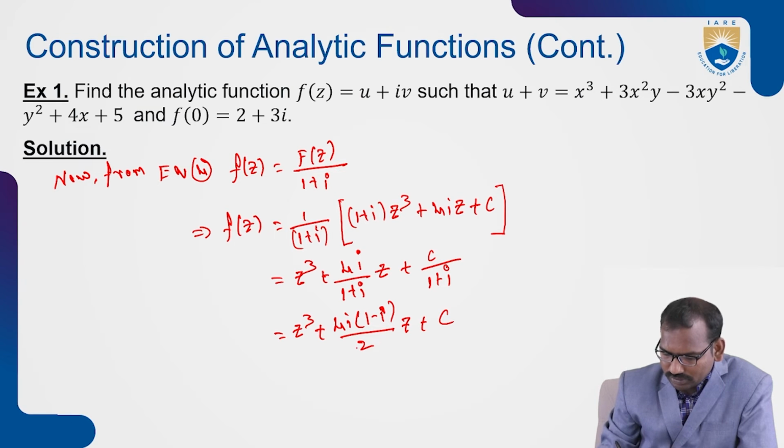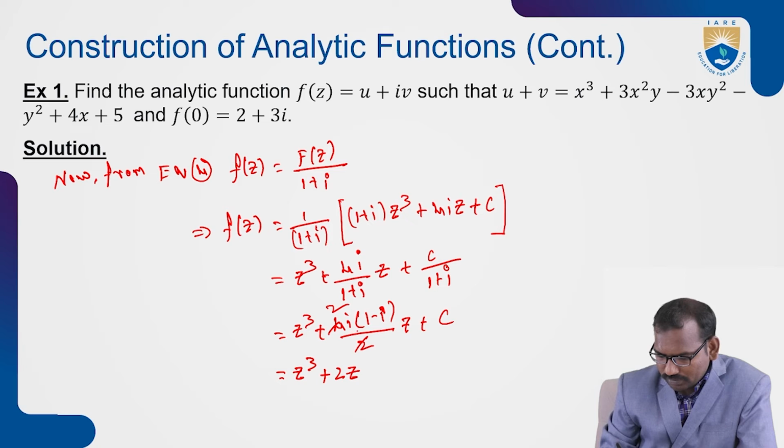So here I'll write this once again. This is z cube. Next, here we have 2 times. Okay, next you will have 2i square. 2i square is minus 1. So it is 2z.